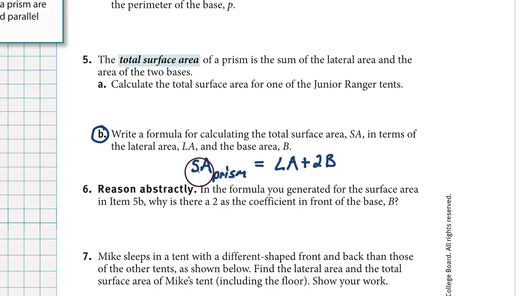So SA is total surface area, LA is lateral area, something that we can figure out using a formula, and the capital B is representing area of the base. There's a 2 here because a prism has 2 bases.